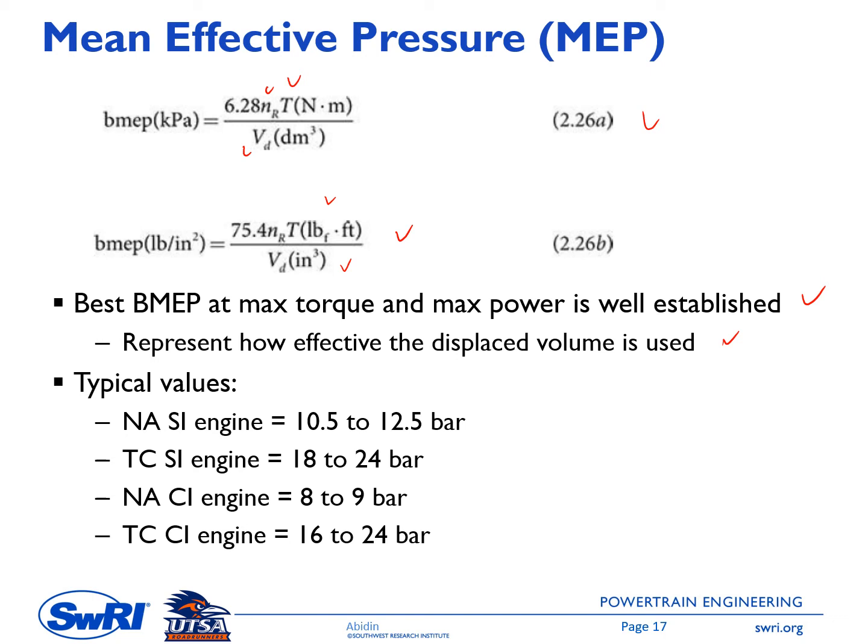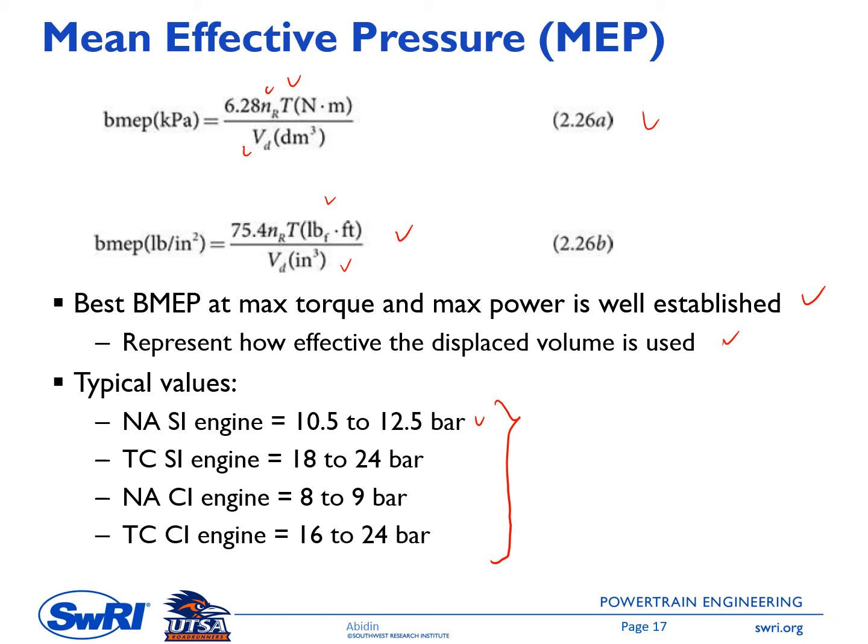Okay, and this is the typical BMEP for different engine types. For a naturally aspirated spark ignited engine, the BMEP is between 10.5 and 12.5.